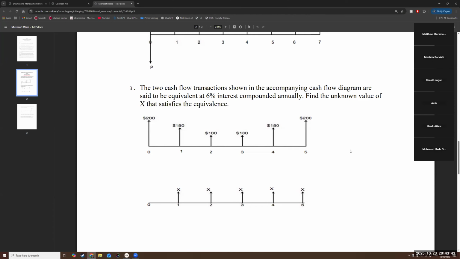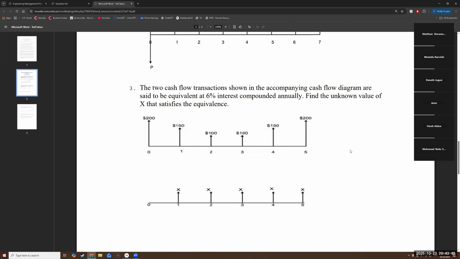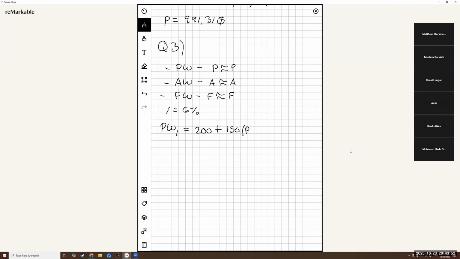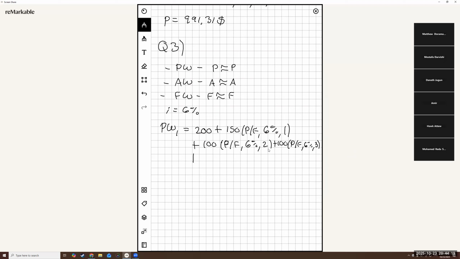So you get $200 right away. No need to adjust. You get $150 a year from now. You get $100 2 years from now. Another $100 3 years from now. $150 on the 4th year.